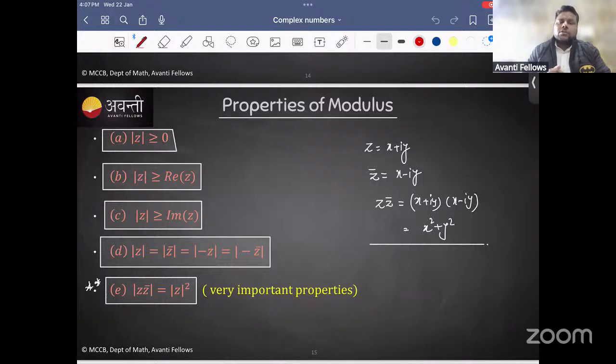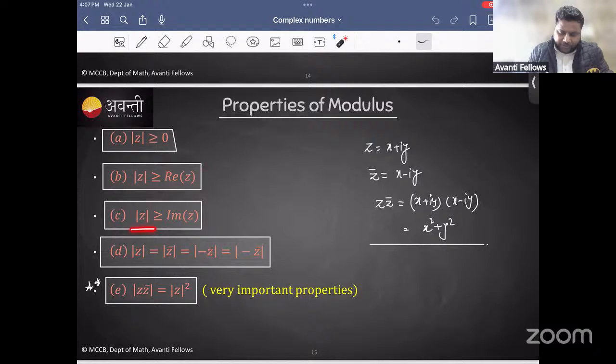All right. So we have been discussing complex numbers for the last couple of lectures. And in the previous lecture, we covered a few properties of modulus. Like modulus of a complex number is always greater than or equal to 0. Modulus of a complex number z is always greater than or equal to the real part of z.